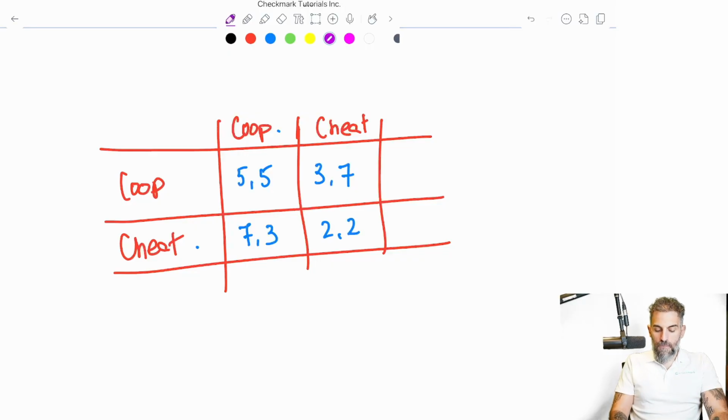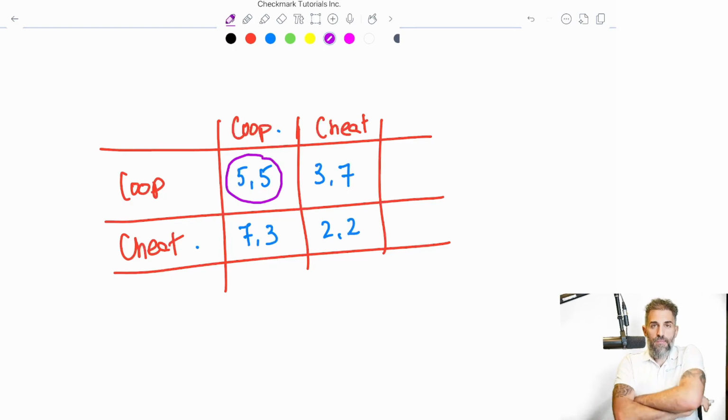So let's say that we decide that right here, we're both going to cooperate. Is this a Nash equilibrium? It's not, because I could increase my profit from 5 to 7, even if you don't change what you're doing.